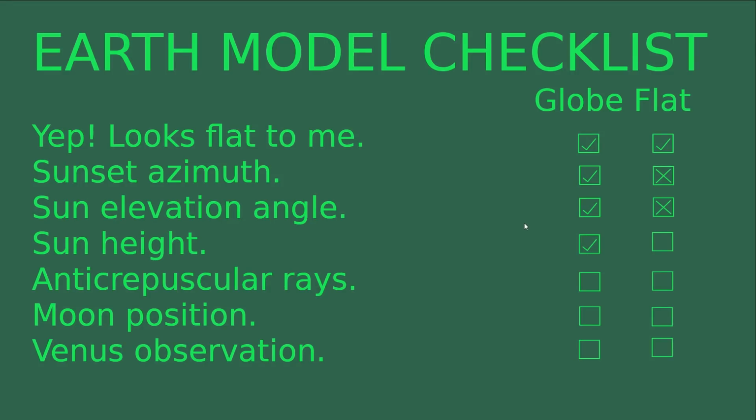So let's see how we're going with our checklist. So I've talked about sun height. Now the sun height, what I mean was, the height of the sun is lower than the clouds, as shown by shining on the bottom of the clouds, and as shown by the anti-crepuscular rays.